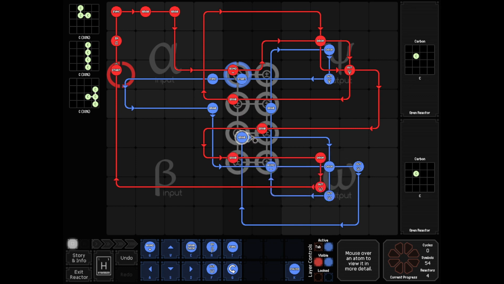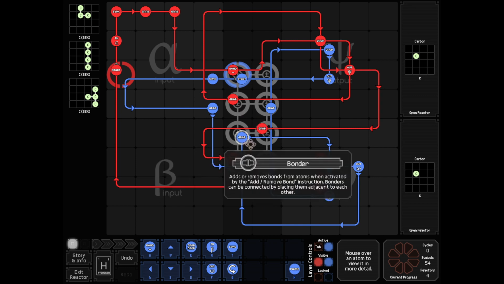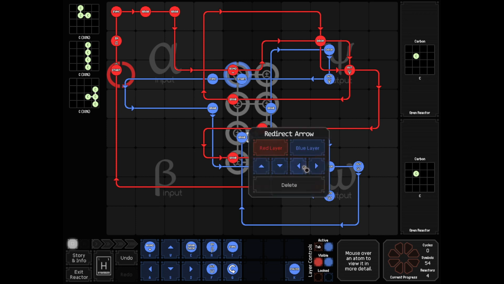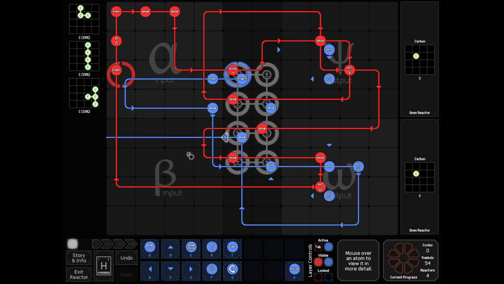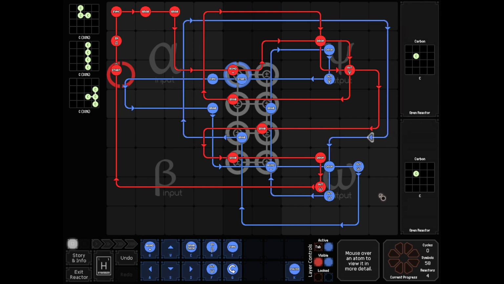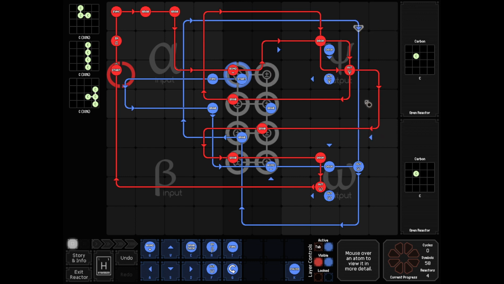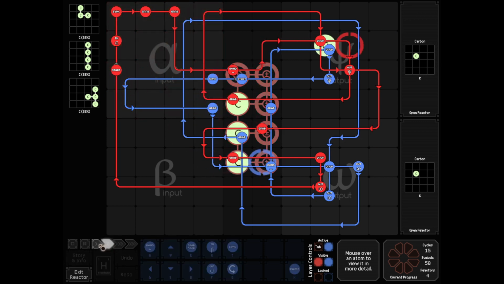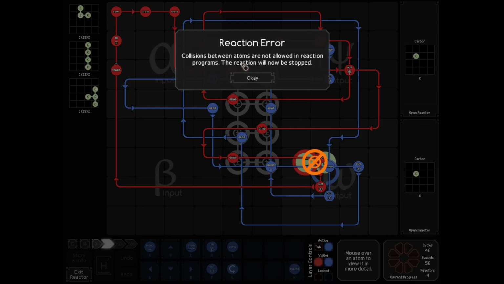Well, it is blue first. If I change this to going this way, and just go around that... maybe? Now we just get a collision there because we have bad timing.